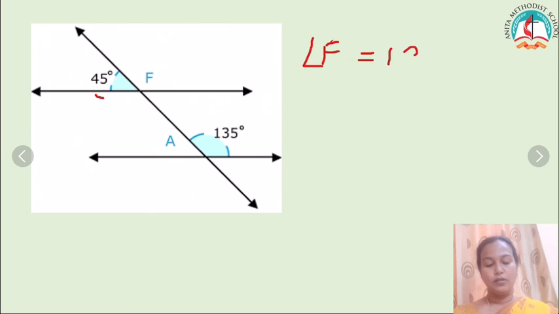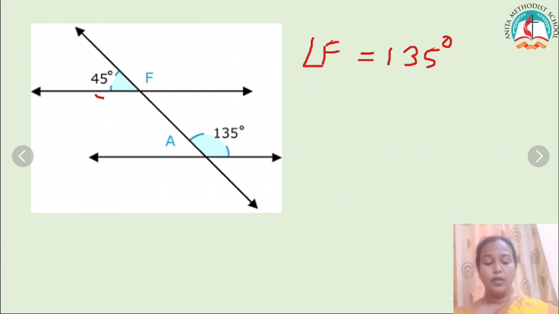So if this is 135 degrees, I can take this also as 135. Add 135 plus 45 and see whether you are getting 180, because our straight angle is 180. So this is a way you can check, children, whether what you have found out is right or wrong.